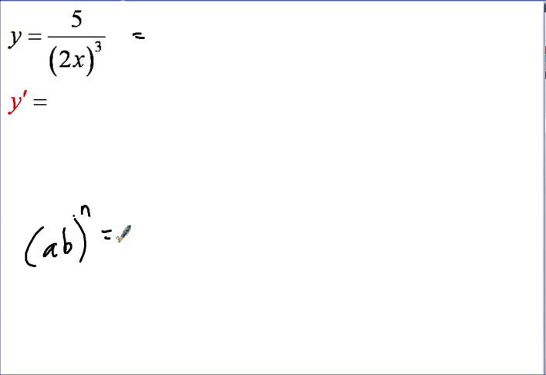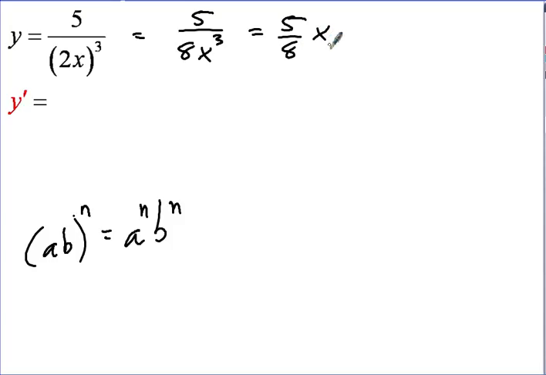What's the rule that applies to my rule of exponents? Property of exponents. Distribute the exponent on it. Right? So then I'm going to get 5 over 8 x cubed. This 2 cubed is 8, right? So that just looks like 5/8 x to the negative 3.